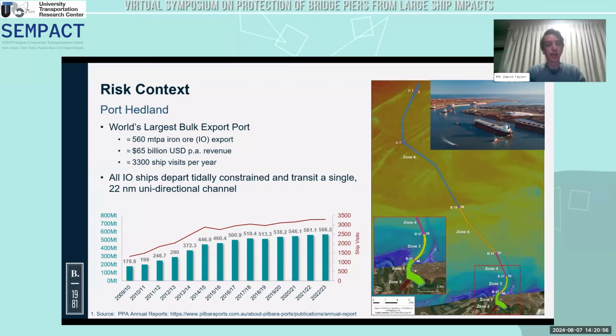And in that time, obviously the number of ship movements each year has grown in a similar proportion, and the risk of grounding has increased proportionally to that increase in number of ship movements.